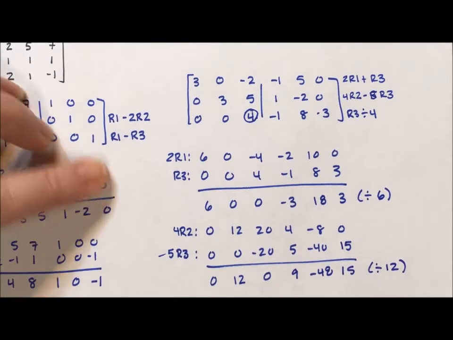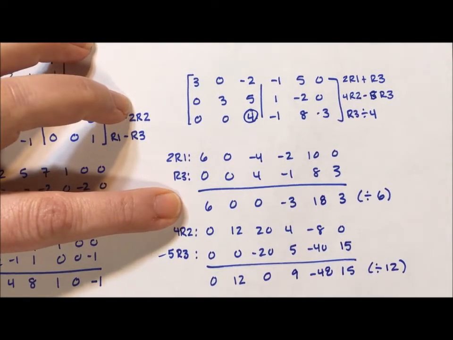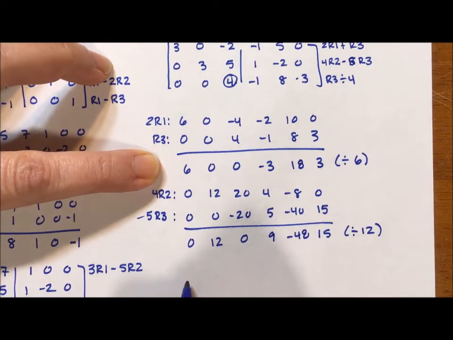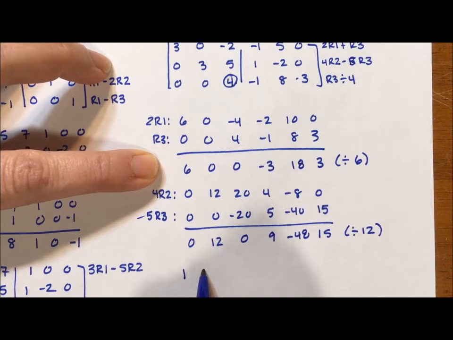All right, so when I divide this row right here through by 6, I'm going to get 1, 0, 0, negative 1/2, 3, positive 1/2.